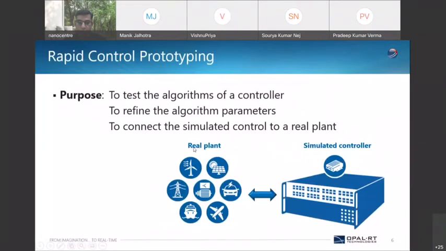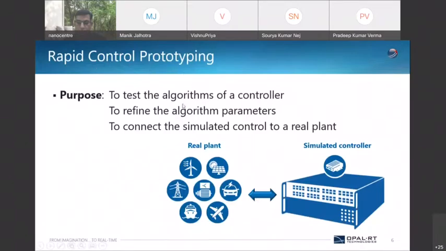In this particular example of NIT-Rourkela, they had the plant on the physical side, whereas they had their controller in the simulation board. This is exactly the case we define by the term rapid control prototyping, or more generally RCP.